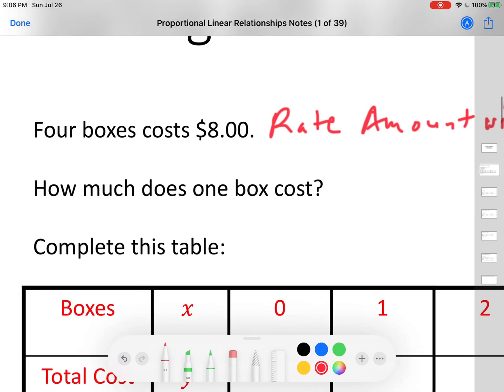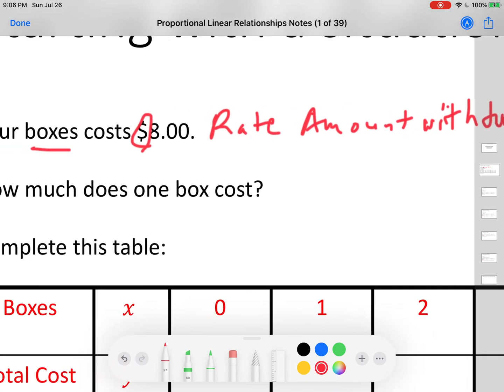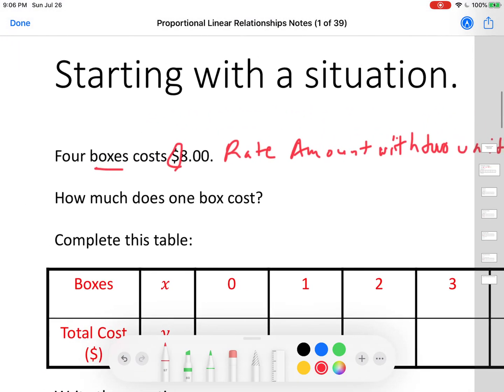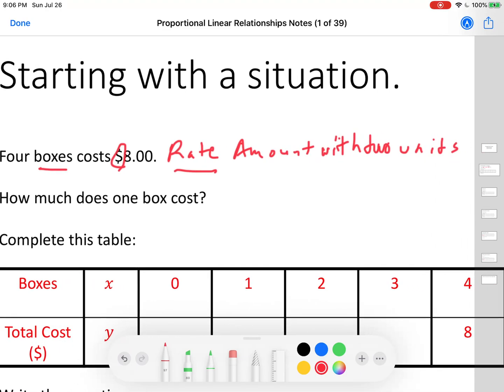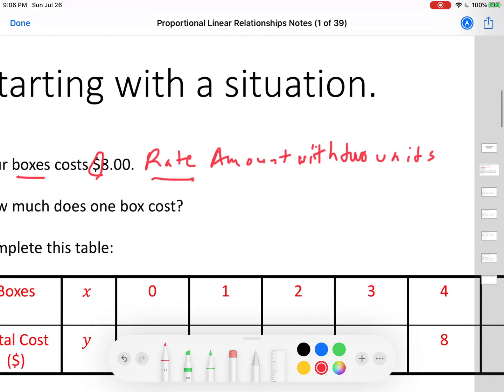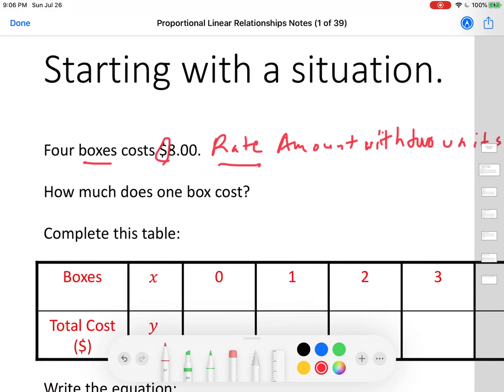So in this case, we have boxes and money, dollars, and that's what makes this a rate. It is a single rate because it's 4 boxes cost $8, and it is an amount, 4 and 8, but with 2 units, boxes and dollars.